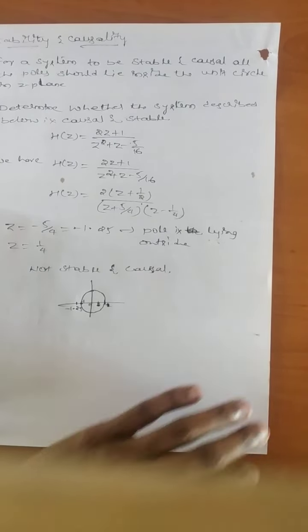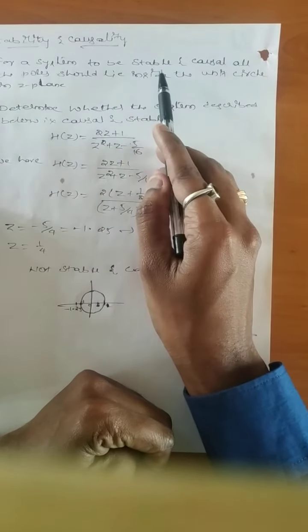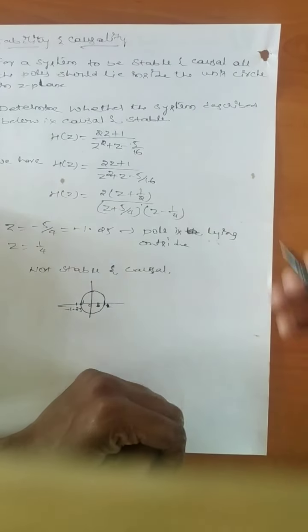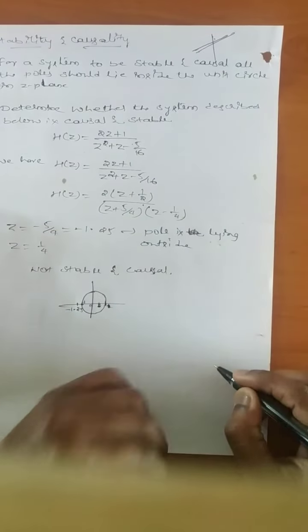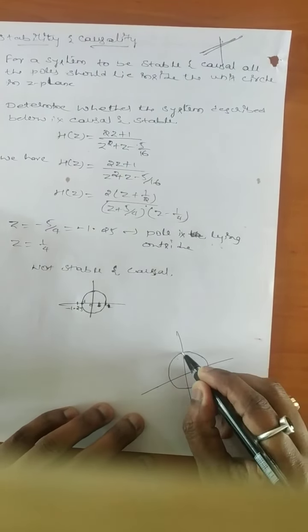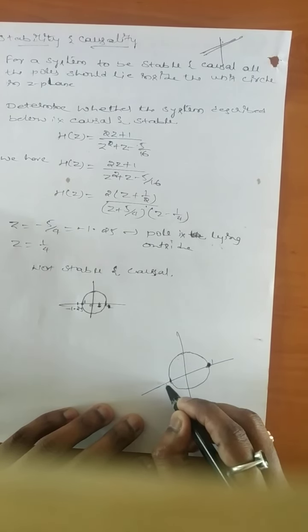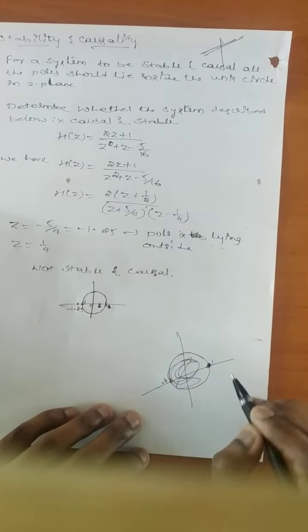Here also it is the same, but in another version they are defining it. For a system to be stable and causal, all poles should lie inside the unit circle. If you consider a unit circle, that means the circle which is having a radius of 1, and here it is minus 1, all your poles and zeros should lie within this unit circle.